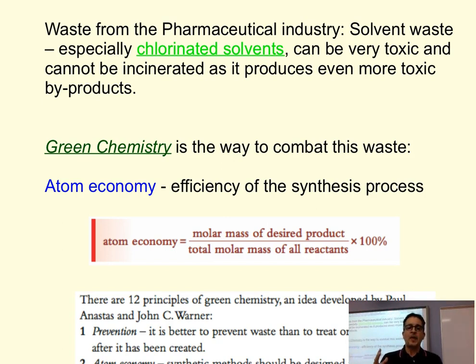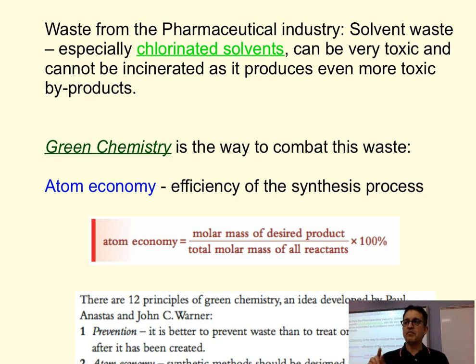One of the things that we use a lot in organic synthesis is chlorinated solvents, which are toxic, and if you incinerate them, you're going to be releasing a lot of chlorine up into the environment, which is bad for the ozone, but it also creates other toxic materials that can be absorbed and are actually even worse than the solvents themselves. And so there is this new philosophy that is called green chemistry.